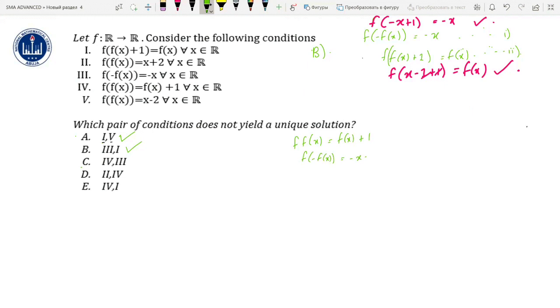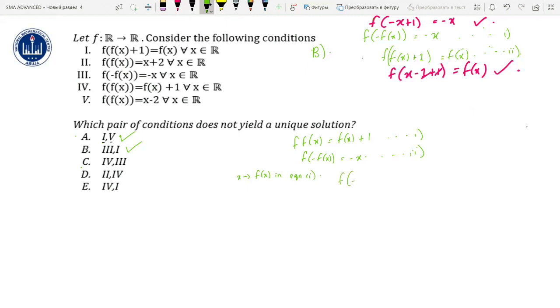What we are going to do now is replace x with f of x. Let's call this equation 1 and this equation 2. When we replace x with f of x in the second equation, what do we get?